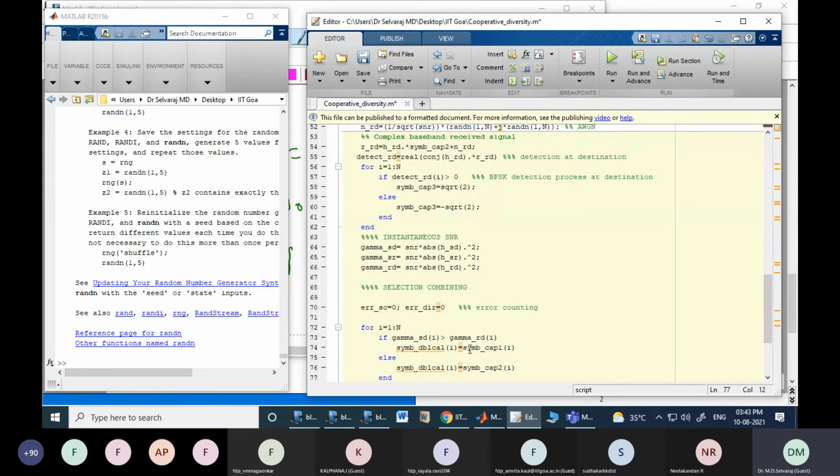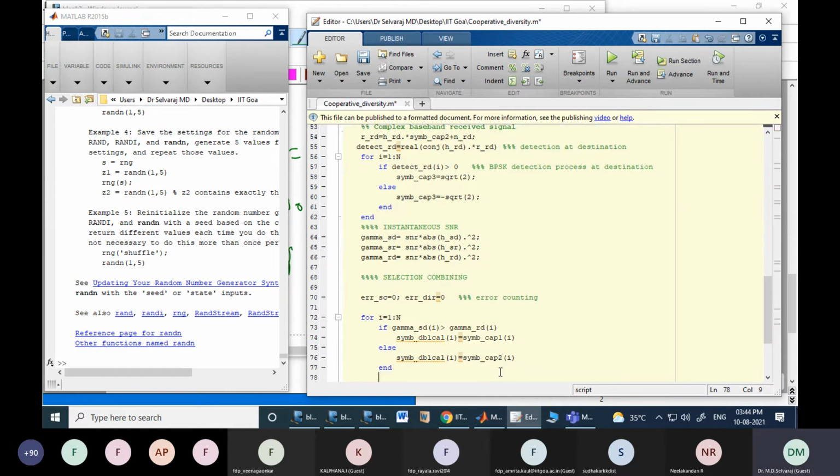Therefore, I consider that symbol the best symbol, that link the best link. Therefore, the detected symbol for the source to destination link, symbol cap 1 of the ith symbol, I store here. If it is not true, then I store from the relay link. Symbol cap 2 is basically taken from the relay link, so I put it here.